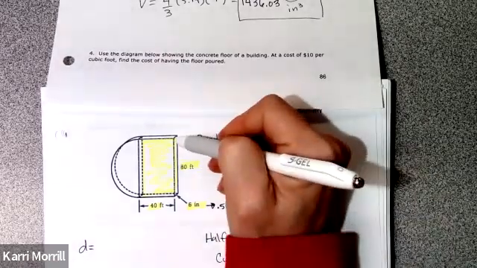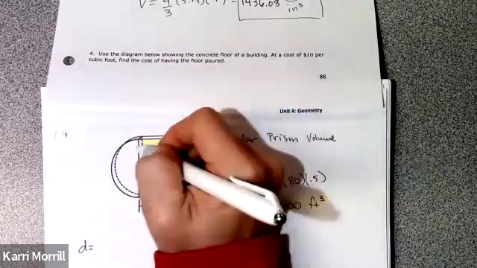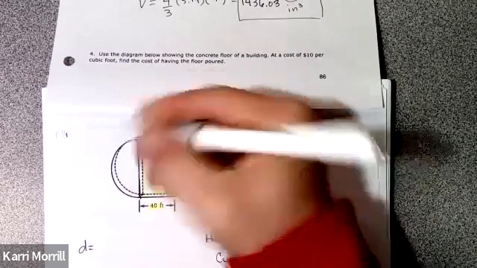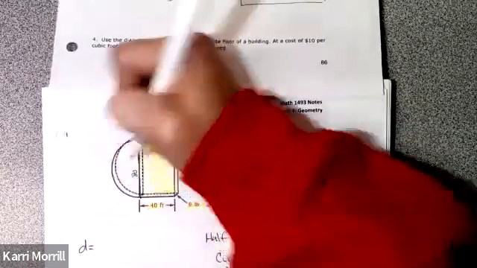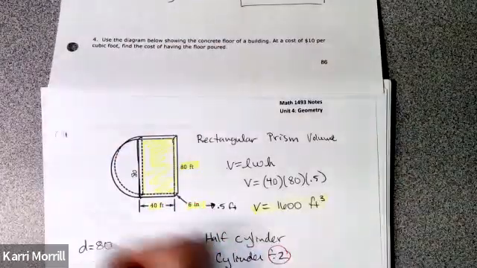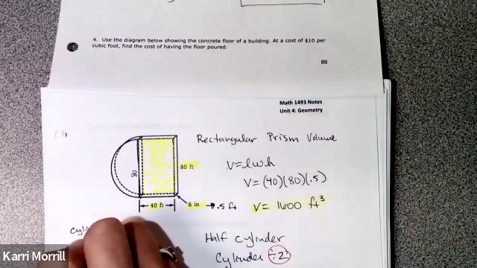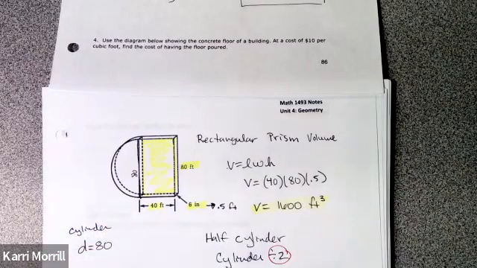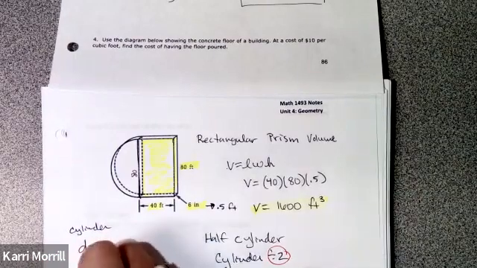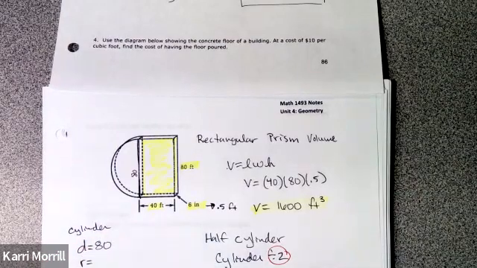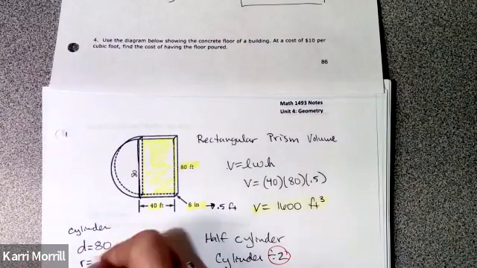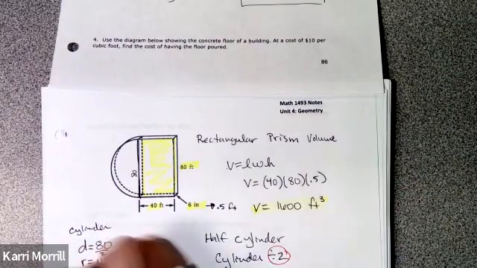If this length from here to here is 80, isn't this 80? Right? So the diameter is 80, but I need to know the radius. So what would the radius be if the diameter is 80? It would be half that, right? So you divide by 2 and it's 40.